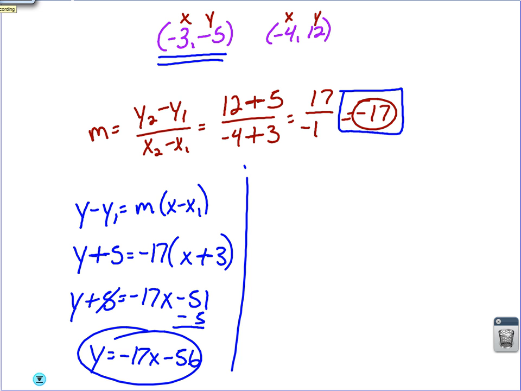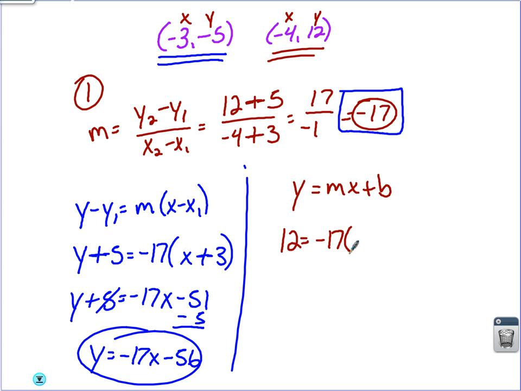This exact same value could be found by using slope-intercept. Step 1 will always be find your slope. Step 2, you can use either of these methods. Looking at slope-intercept now, pick either point, and since we picked this point for the first one, I'll pick this point for the second problem. Plug in your y value, plug in your m value, and plug in your x value.